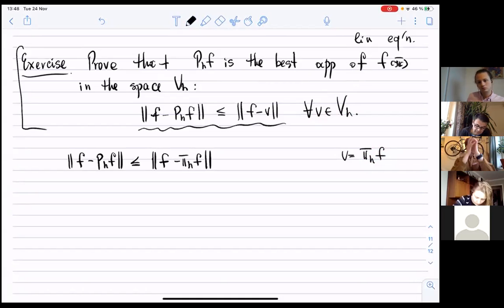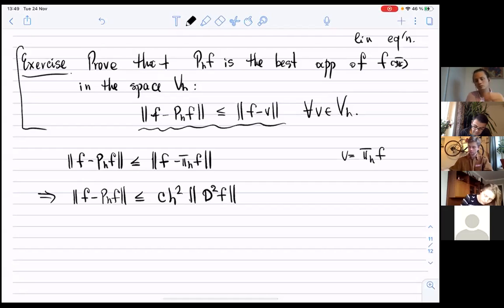But for the interpolant, we have the following standard interpolation estimate. F minus PHF is less or equal to some C H squared times the second partial derivative that we defined a bit earlier of F in the L2 norm. So this actually shows that if F is twice differentiable, so it's smooth enough, then interpolation in this form is going to be second order in the L2 norm.